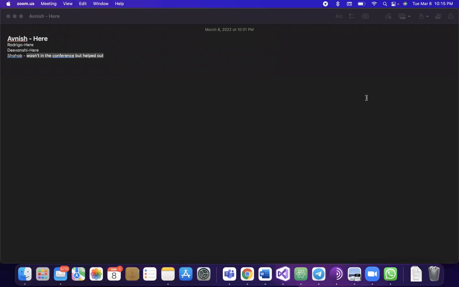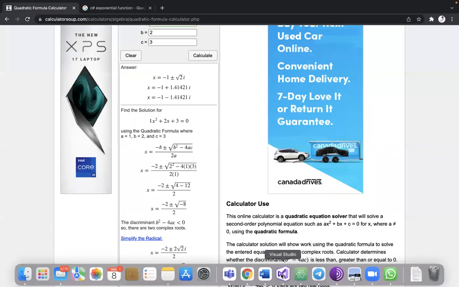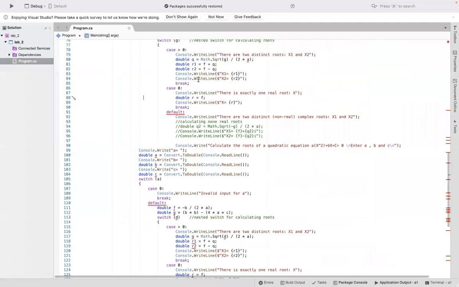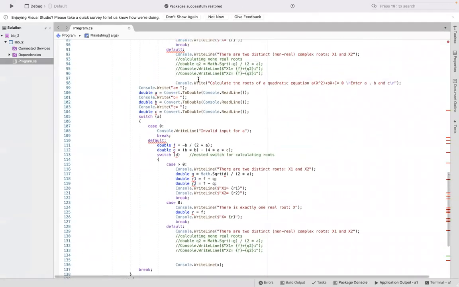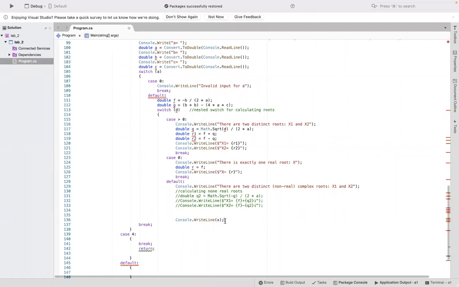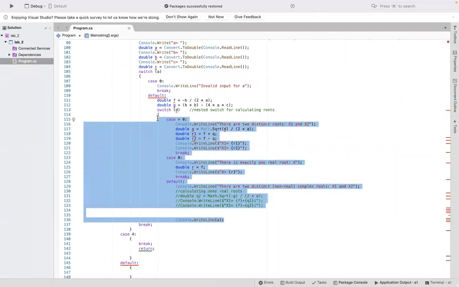This is the one you're talking about? I can't see your chat for some reason. It's the one where it says x equals minus b plus Math.pow(b, 2) minus 4 power. That one? Yes, that one. Okay. So should we delete the code that Shahab added here?